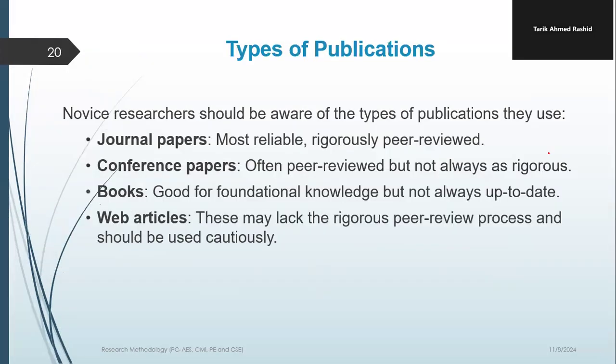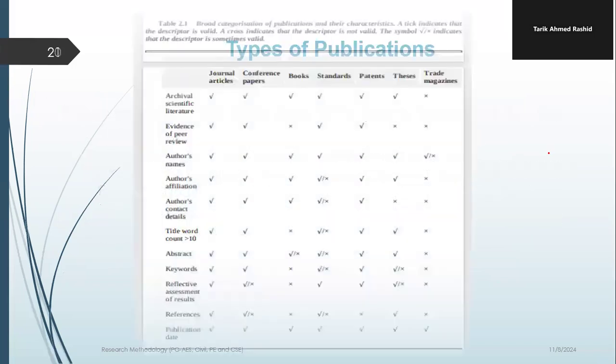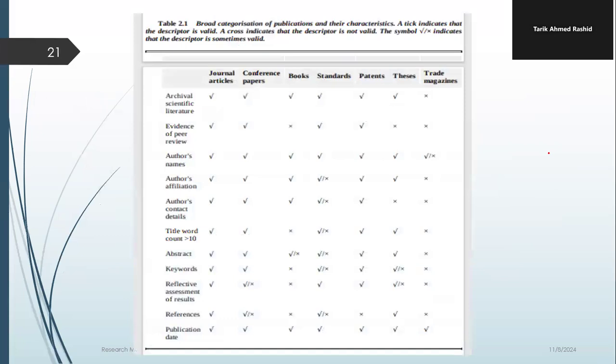Types of publication could be journal papers, conference papers, books, web articles. Web articles may lack a rigorous peer-review process, and we should be a bit cautious about them. Here, there are some valid and invalid items for those types of publication: journal, conference, books, standards.